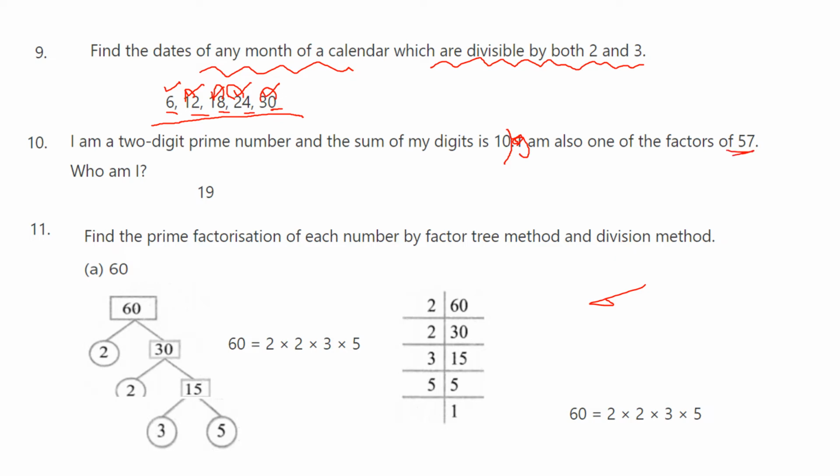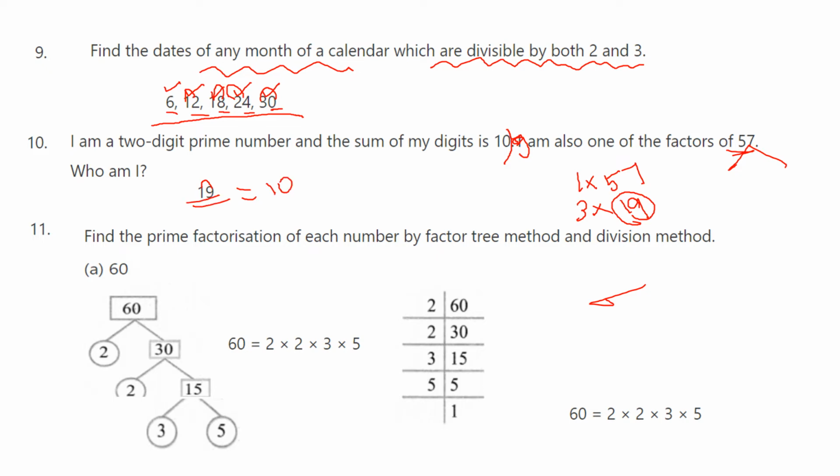First we find the factors of 57. 1 into 57 and 3 into 19. So I am a 2-digit prime number and the sum of my digits is 10, which means the prime factor is 19. If we add 1 plus 9 we get 10. So the prime number is 19.